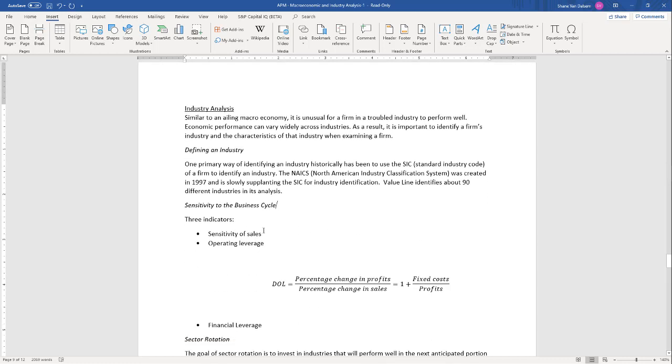There are 3 indicators of an industry's sensitivity to the business cycle. The sensitivity of sales, so you would look at the revenues and sales of the firm or the firms in the industry relative to the overall economy. The degree of operating leverage, DOL. I apologize, I should have that on here. DOL stands for degree of operating leverage, and it's a measure of the proportion of fixed cost to profits for a firm.